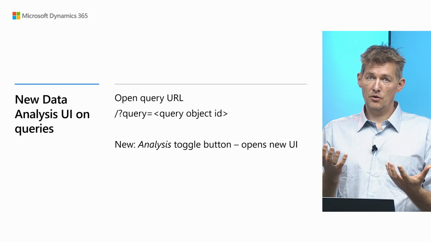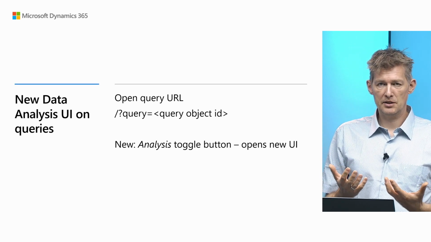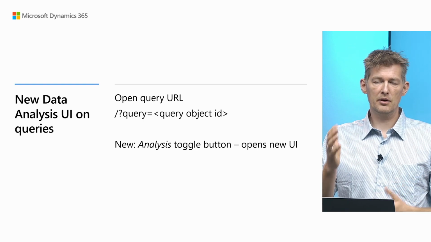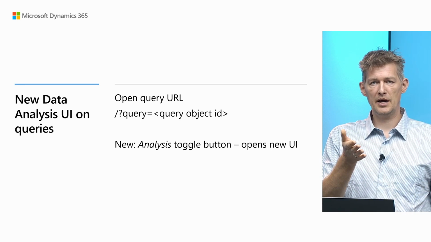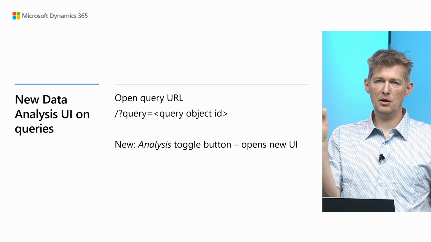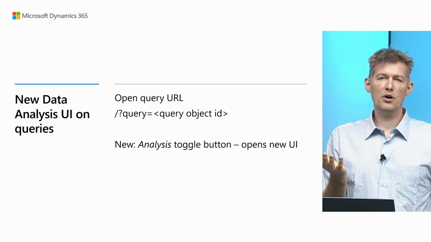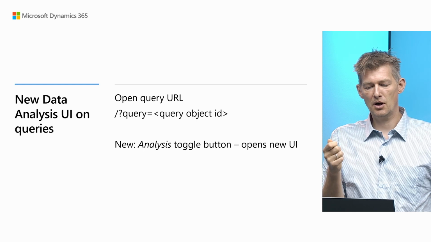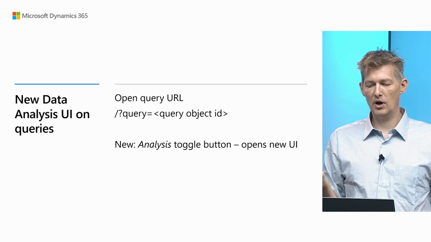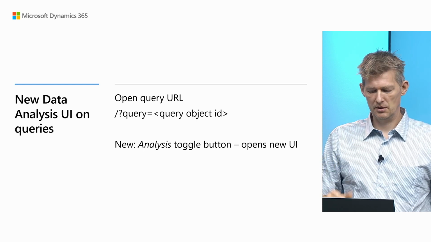So you had always in Business Central the ability to open a query on the URL with /?query= the query ID. But the new thing is that this now comes with the same analysis toggle, and it opens the same UI on queries. Let's try it just to see.